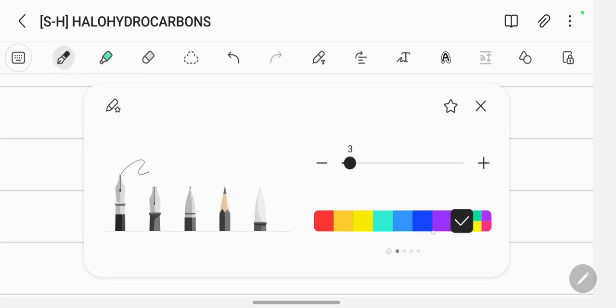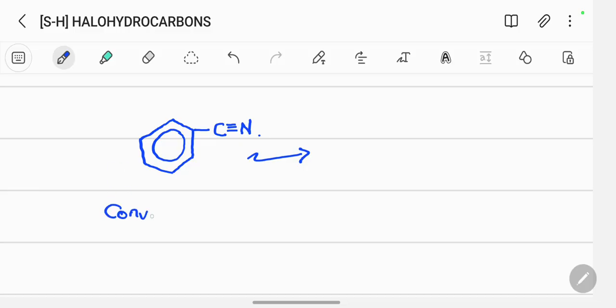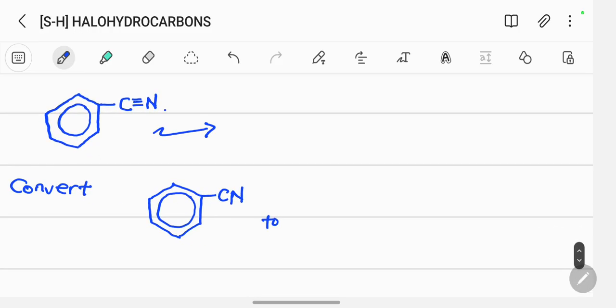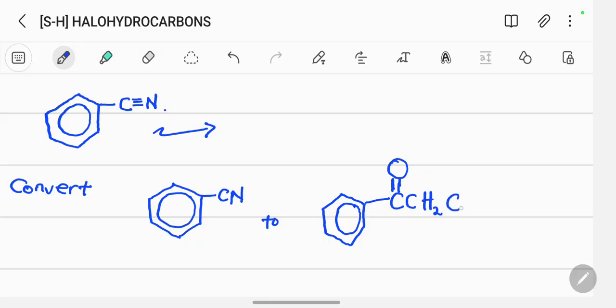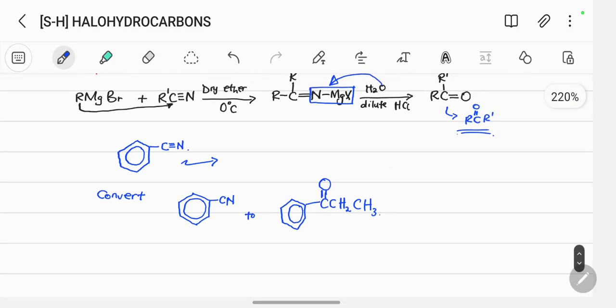You can be told to convert this cyanobenzene to this CH2 CH3.